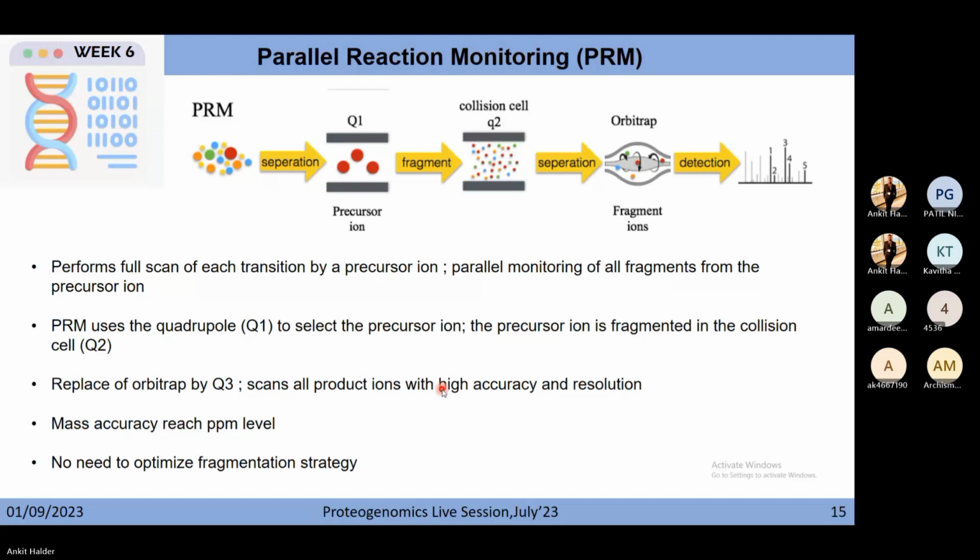We had discussed, and I hope you remember, that mass accuracy is the theoretical mass minus the observed mass, divided by the theoretical mass, times 10 to the power 6. That is at the ppm level, and there is no need to optimize the fragmentation strategy.